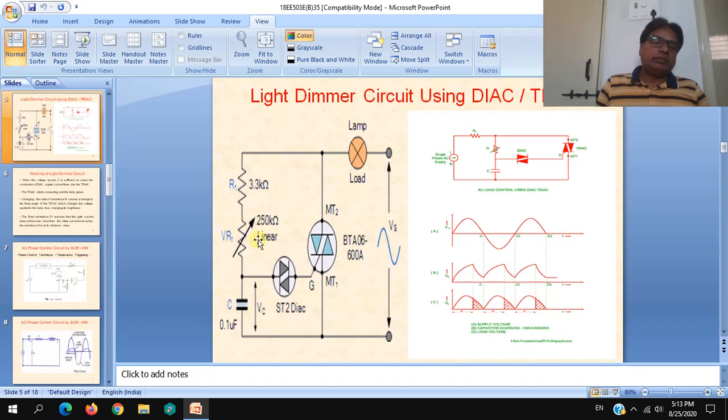When the variable resistance is zero, the value of R1 should be chosen such that the capacitor will be simply able to turn on the triac at zero firing angle. That corresponds to zero. Whenever you introduce some value to this resistance, alpha increases, brightness decreases.